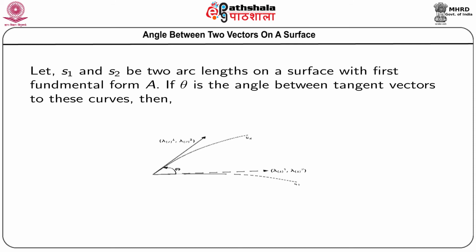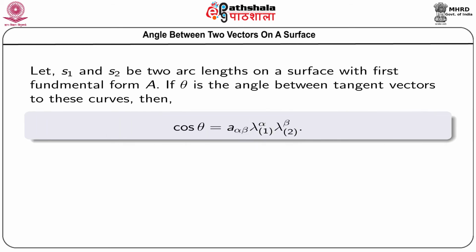Now, if theta is the angle between the tangent vectors to these curves, then cos theta can be defined as a alpha beta lambda alpha 1 lambda beta 2.